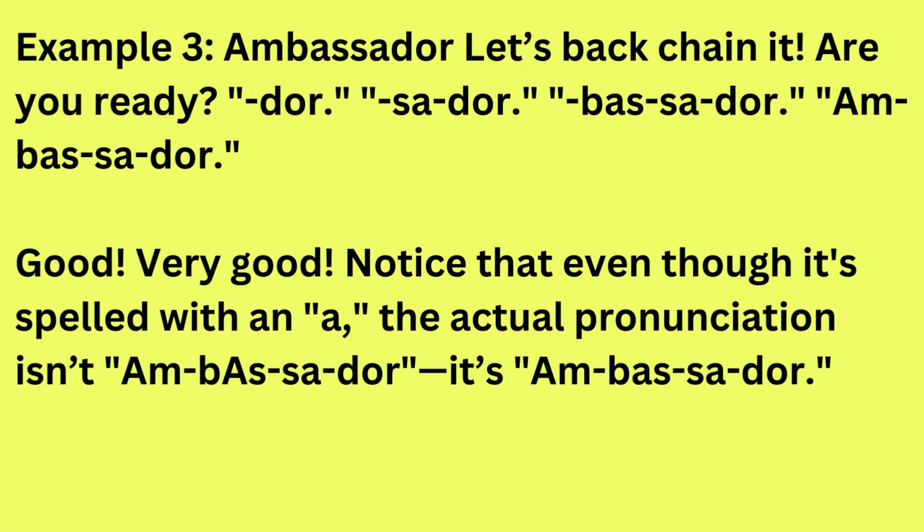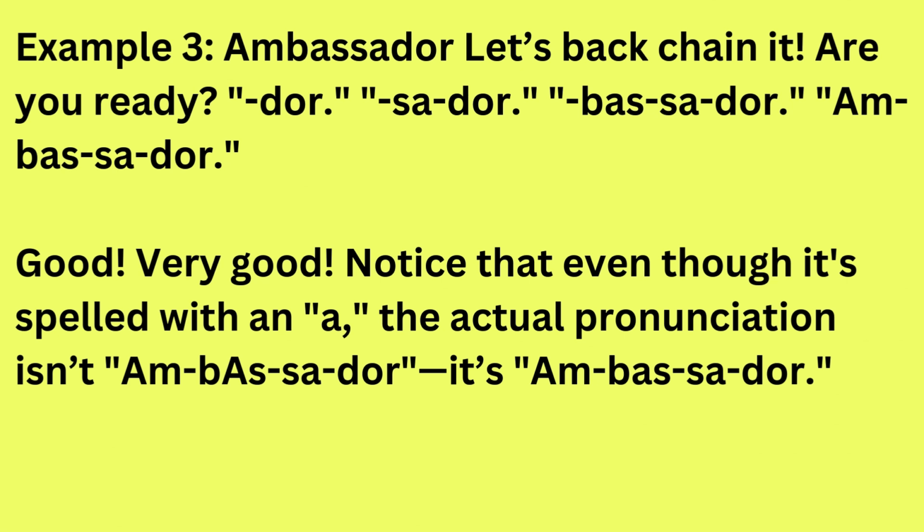Example 3. Ambassador. Let's back chain it. Are you ready? Door. Sador. Bassador. Ambassador. Good. Very good. Notice that even though it's spelled with an A, the actual pronunciation isn't ambassador.